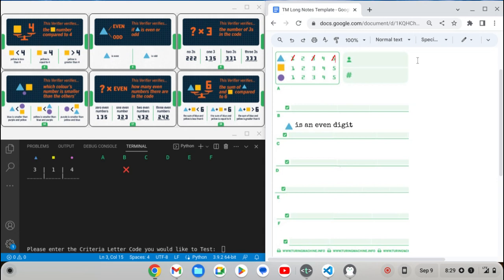It's always interesting to see criteria card C and E, where we have an odd versus even. And it's always that relationship that seems to be interesting to me. But I think right now, I'm going to test criteria card F.